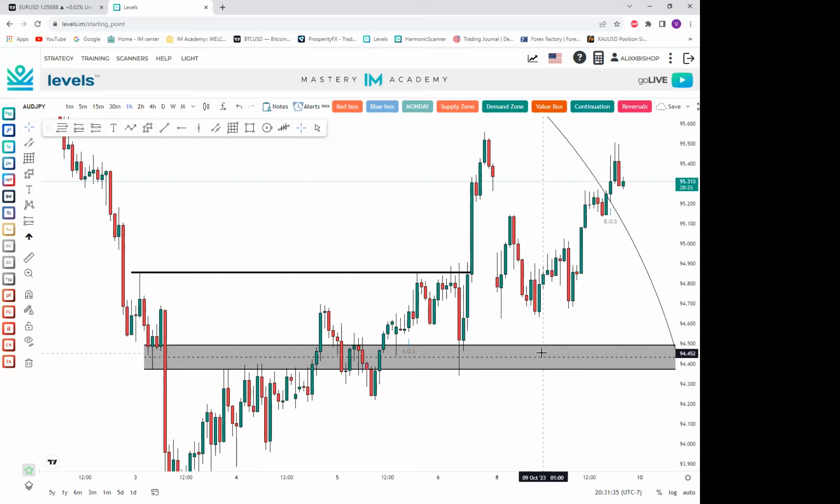Perfect. I kind of like the way this looks though. Turn this off. 4-hour time frame. Already letting me know this is the left shoulder right here.